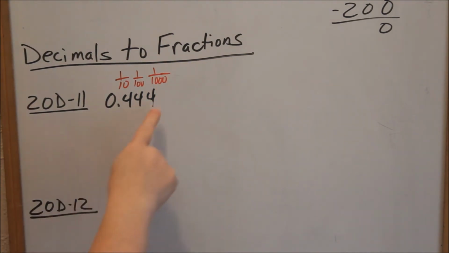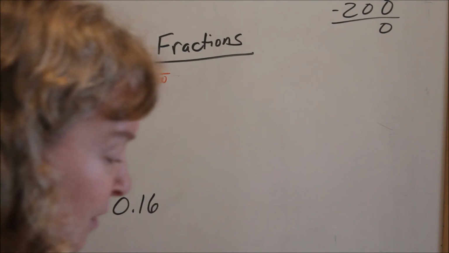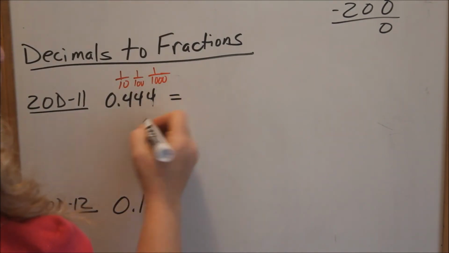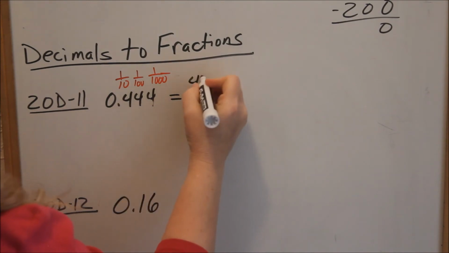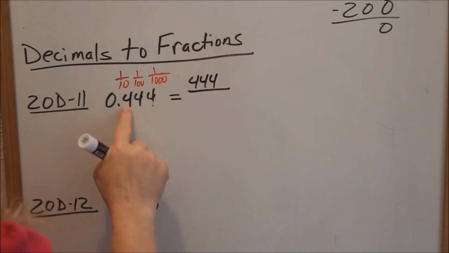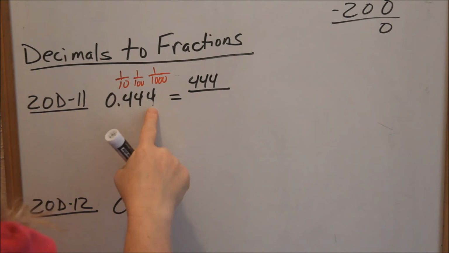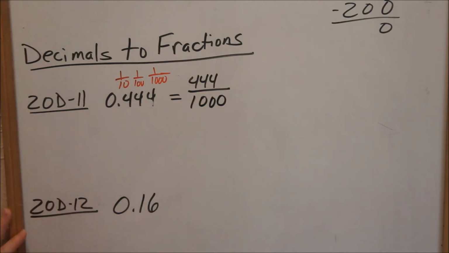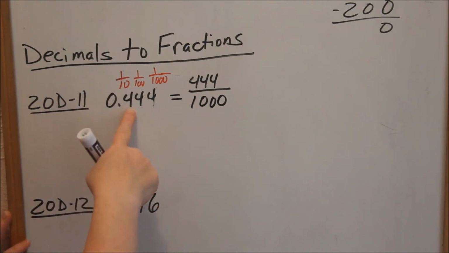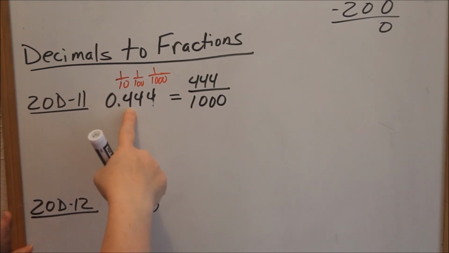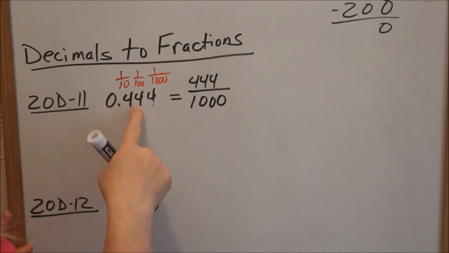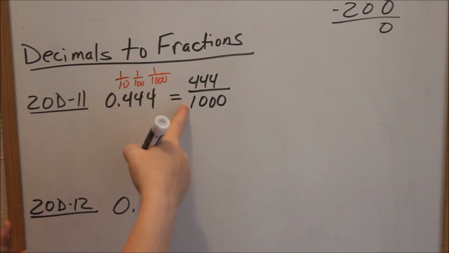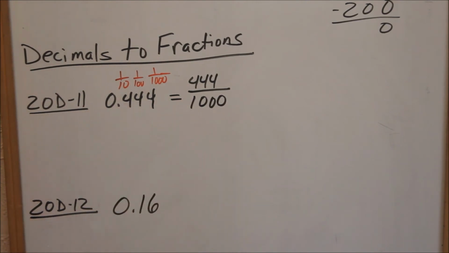Since the very last one is your thousandths place value, the way you turn this into a fraction is you take your numbers, 4, 4, 4, and you put it over 1,000. This is read as 444 thousandths. That's how you read it in decimal. So to turn it into a fraction, 444 over 1,000, or 444 thousandths.